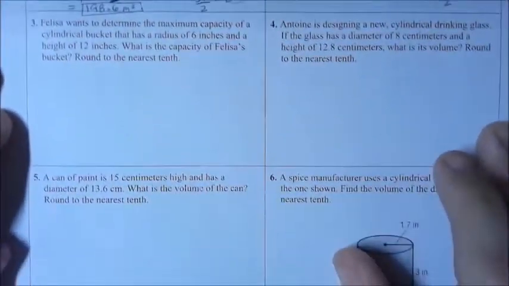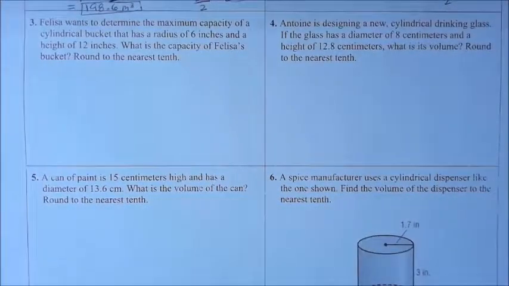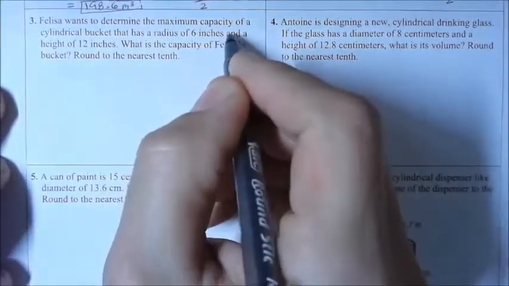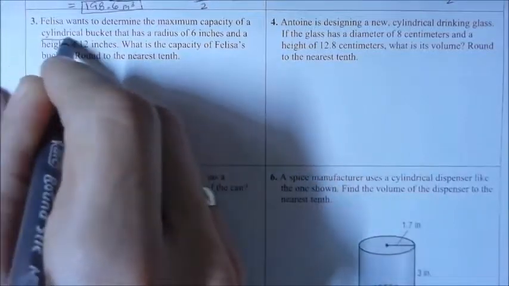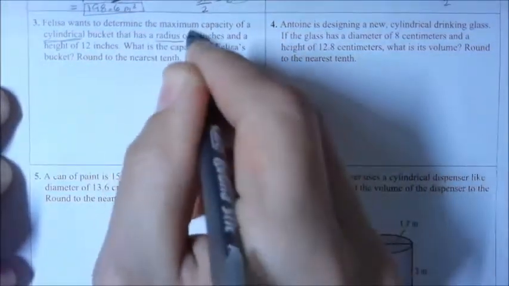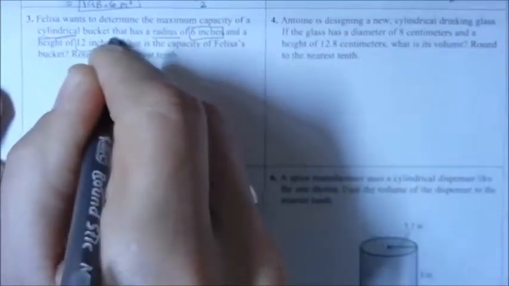So let's take a look at number 3. It says Felisa wants to determine the maximum capacity of a cylindrical bucket that has a radius of 6 inches and a height of 12 inches.